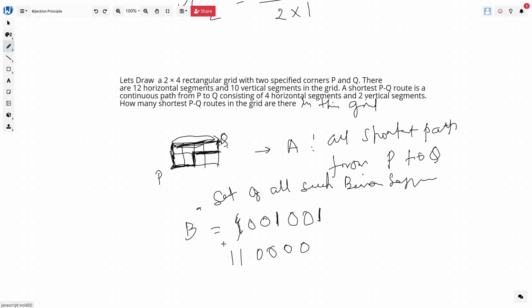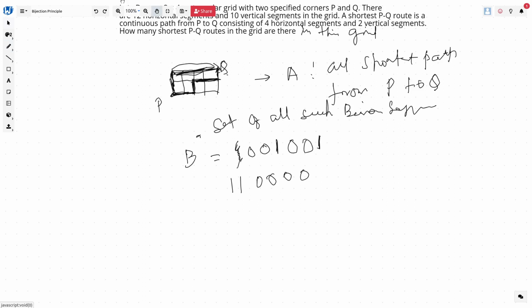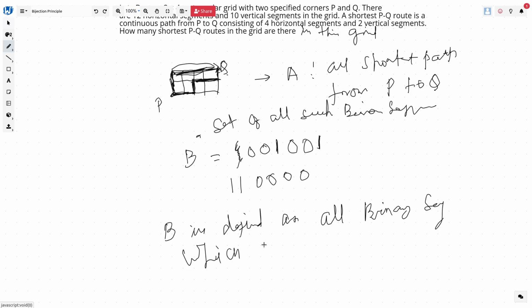If you pay close attention, there is a bijection between set A and B, where set B is defined as all binary sequences which have exactly two ones in a sequence of length 6.